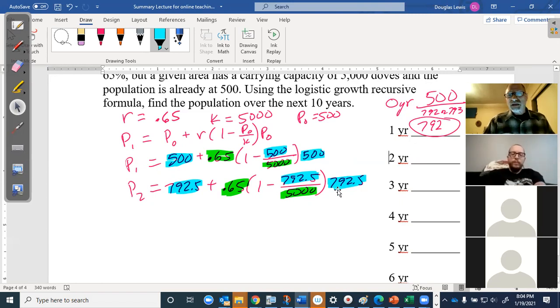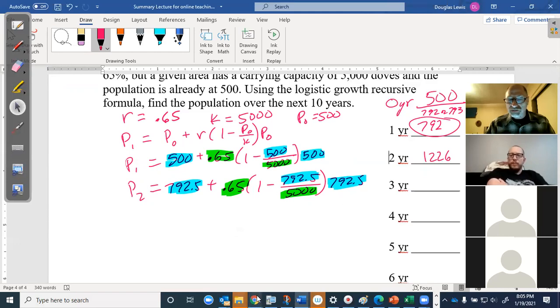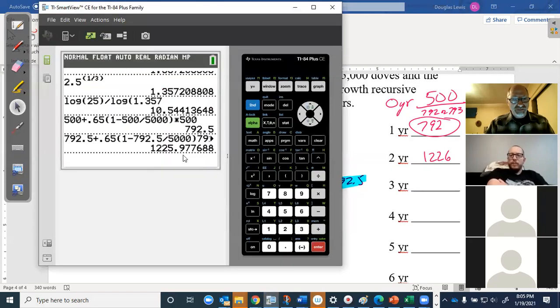So let's talk about how the whole rounding off works. Didn't we say that's 1226? Yeah, 1226. So I am just going to use 1226 next time, but I want to show you if I did this again and you asked me to find 10 years, this is going to take me all day, because now I've got to do 1226 plus, again, 0.65, which is going to be the same, right?